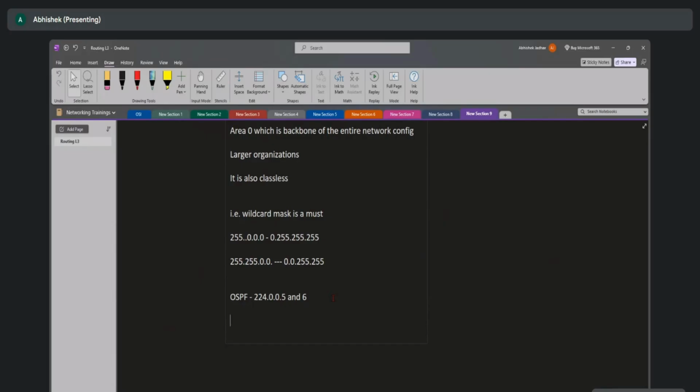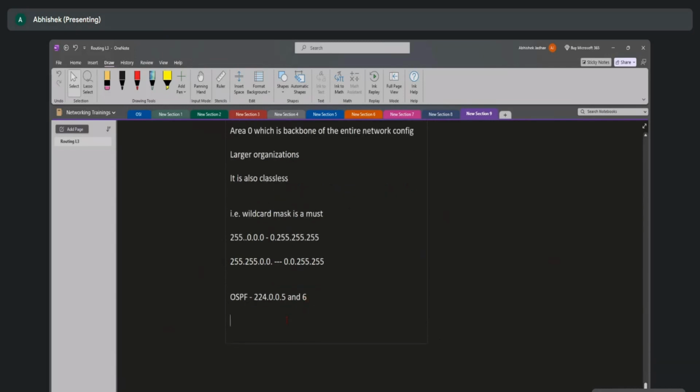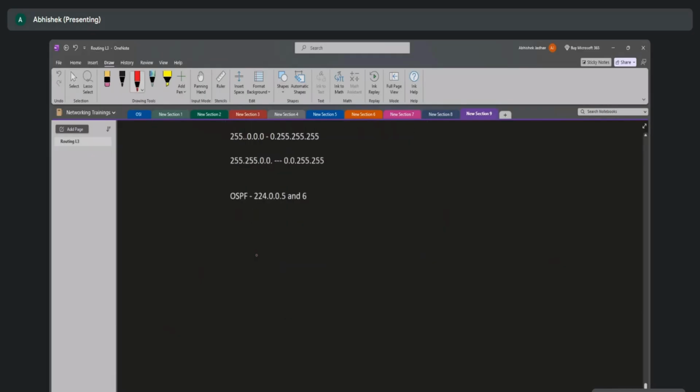Now, there are some additional points which you must understand about OSPF. As I mentioned earlier, there is something called area 0, which is the backbone of the entire network. Let's assume that this is one network, and there is a router here. From this network to another network, there should be a router here, and from here it goes to another network.